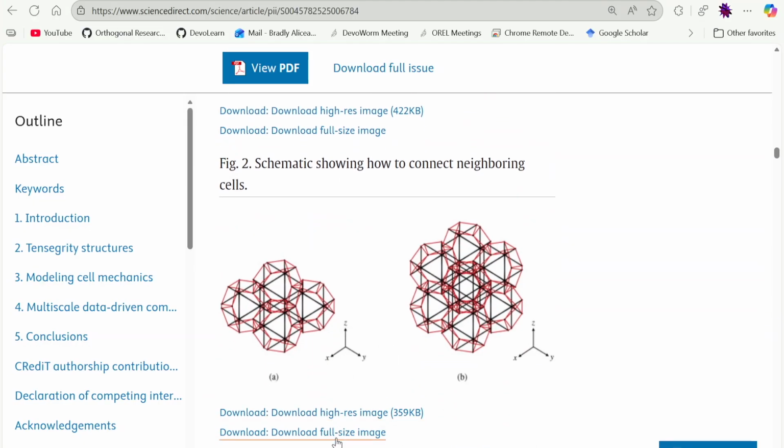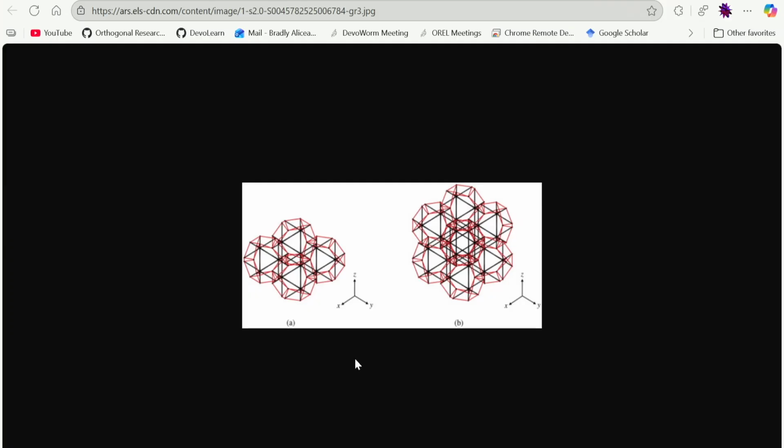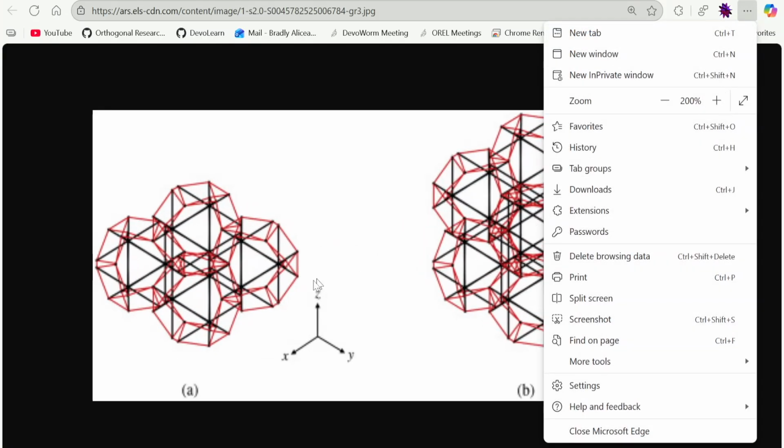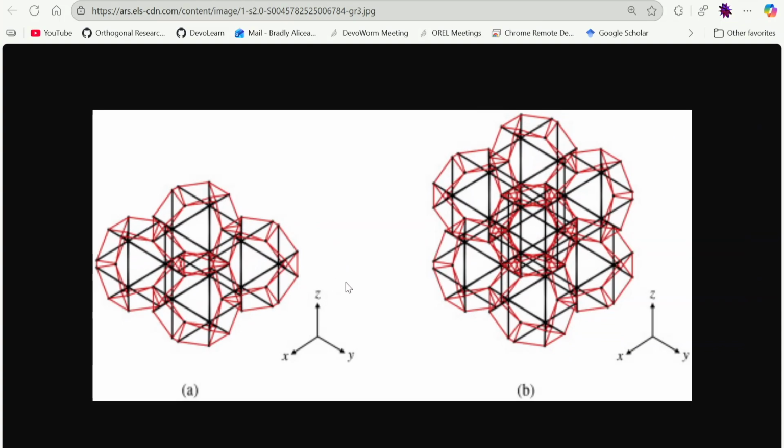So this is the neighborhood of connections. If we think about this as a network, they don't have things colored in. They just have the structure. All right.